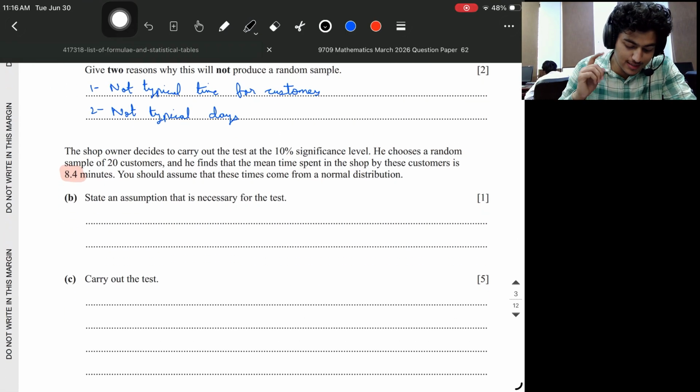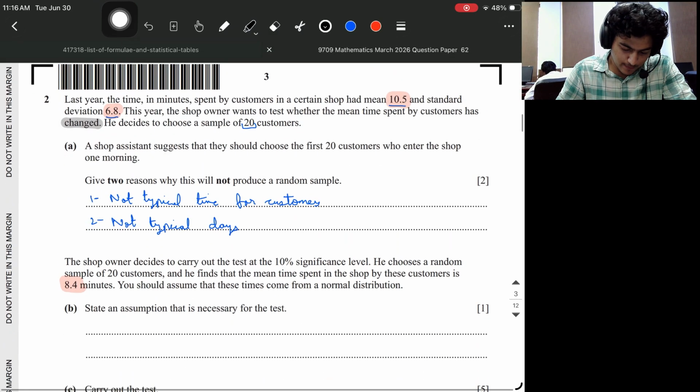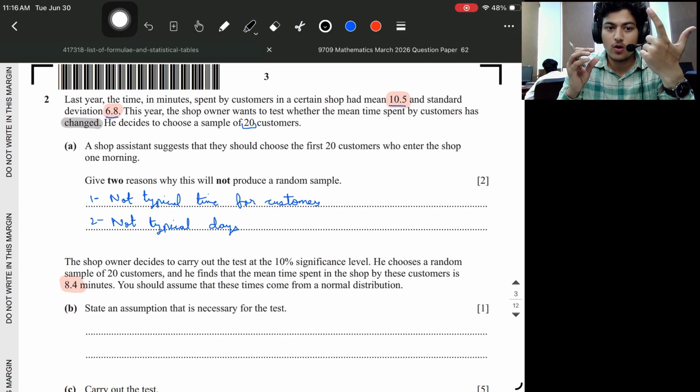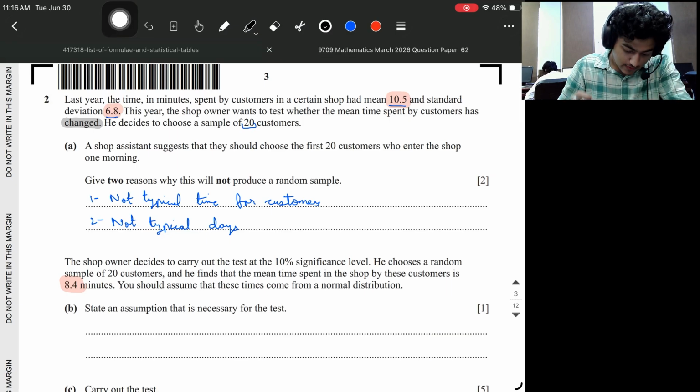State an assumption that is necessary for the test. If you see here carefully, since they mentioned the mean and the standard deviation, we are automatically going to assume that this is normally distributed, right? However, you need to make one thing sure over here, that they have not mentioned any change in the standard deviation.